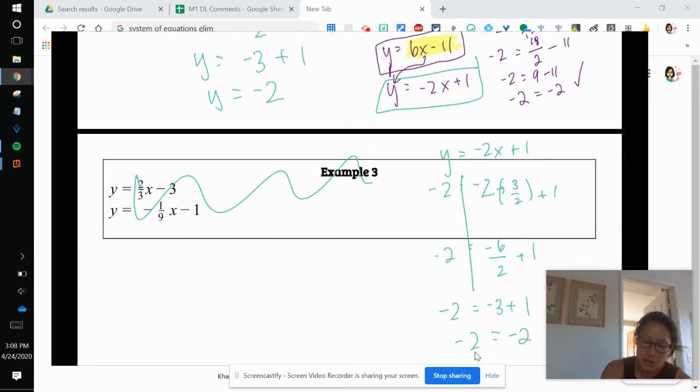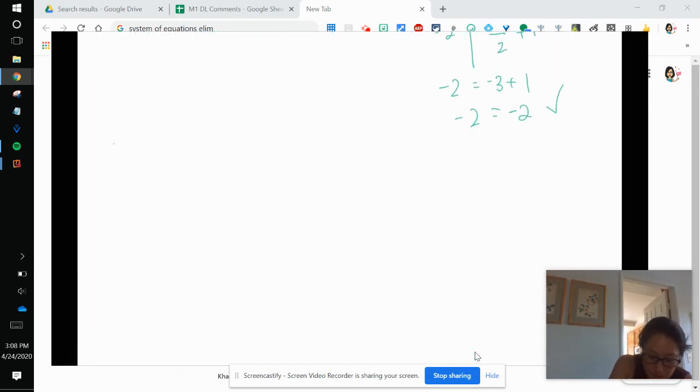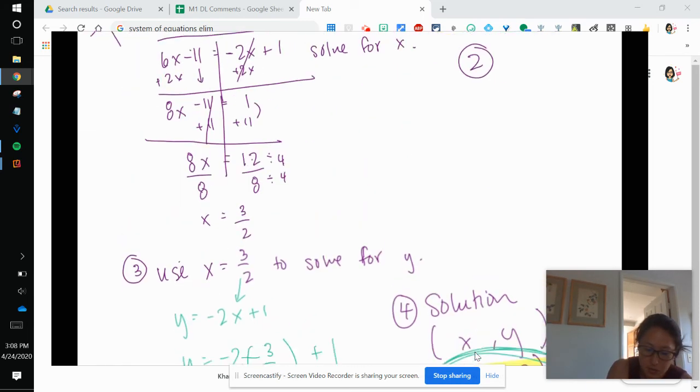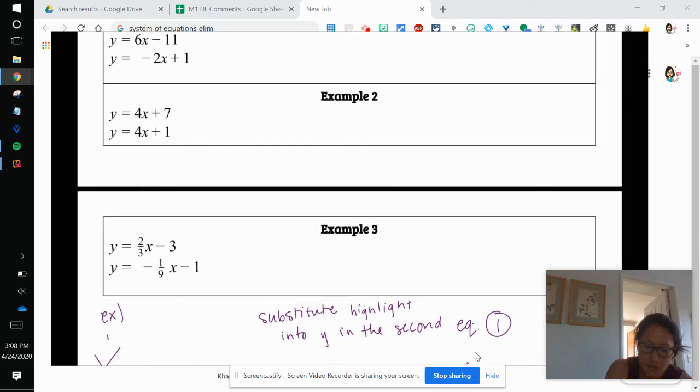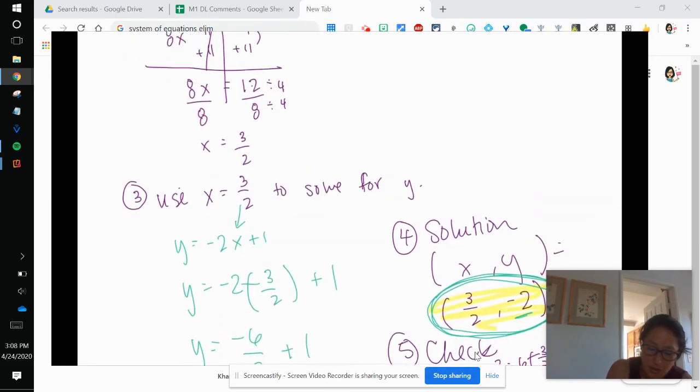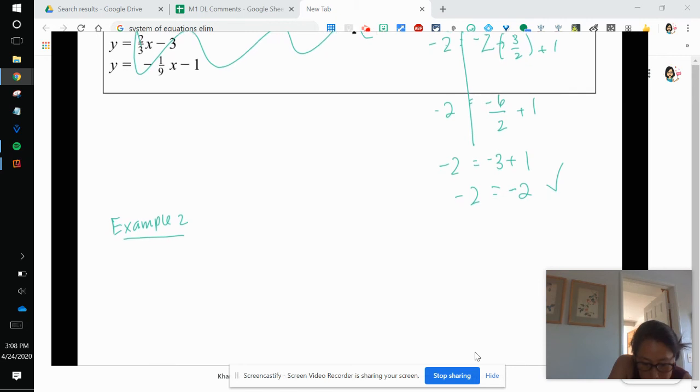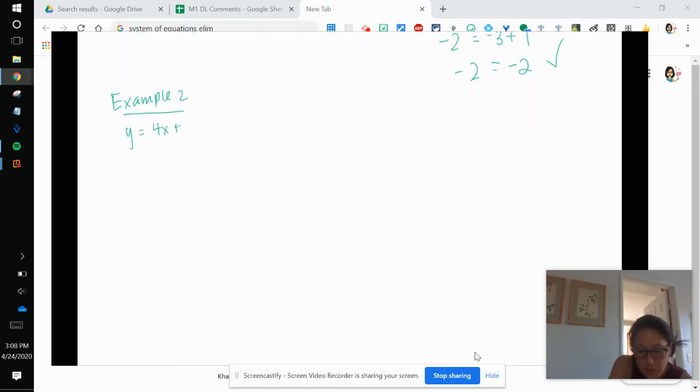Okay, so we're going to do example 2. y is equal to 4x plus 7, and the second equation, y is equal to 4x plus 1. So what can I substitute?